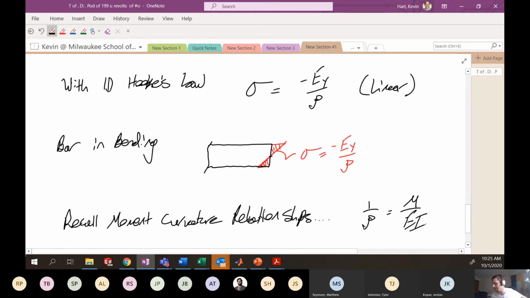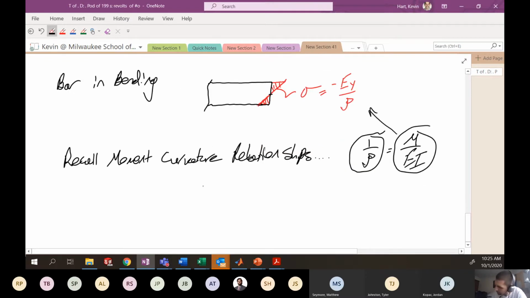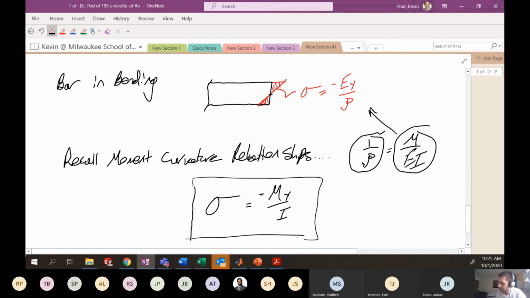If not, I don't really have time to cover it right now. But if you substitute 1 on rho into here, you'll end up with what you know as stress is My over I, or negative My over I as the case may be. So this is how you derive your stress equation for bending.